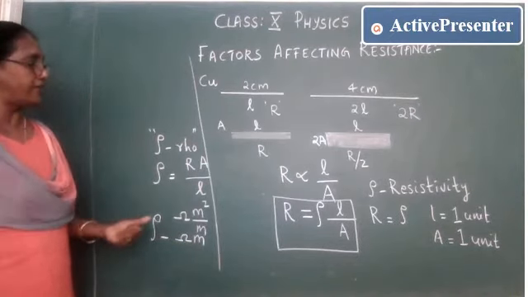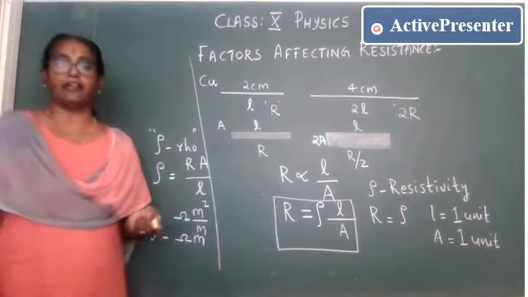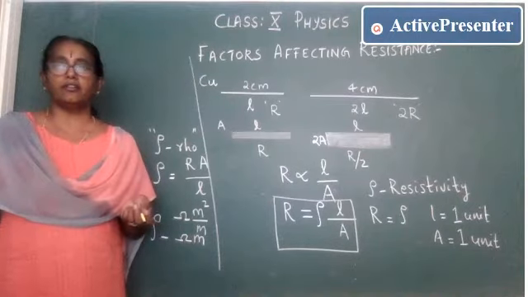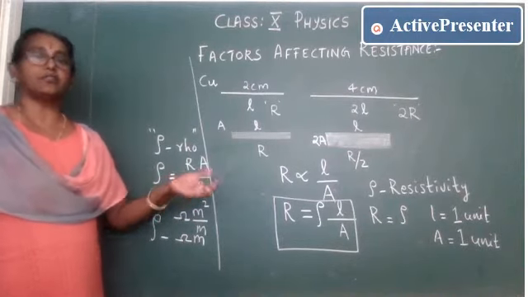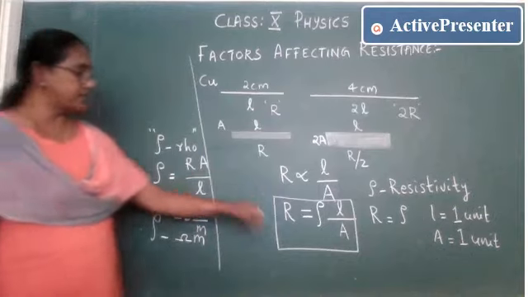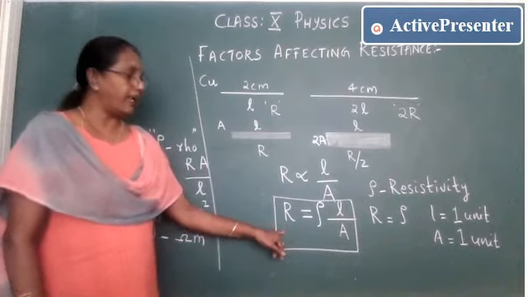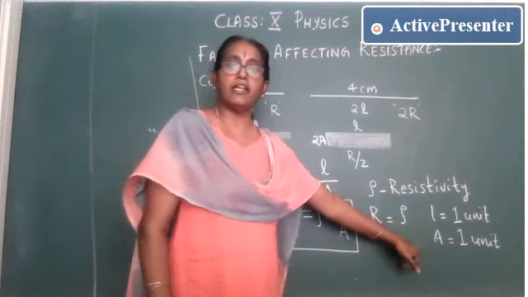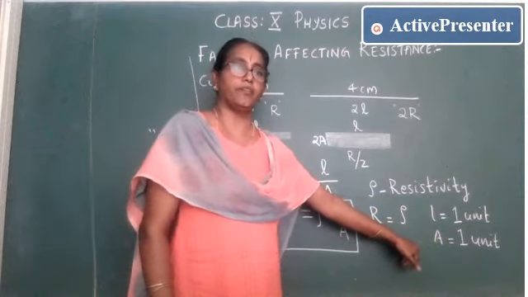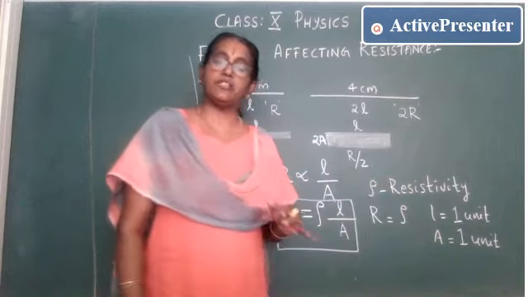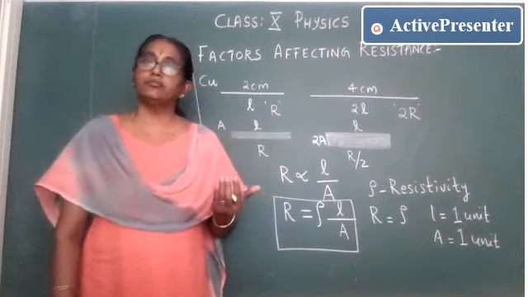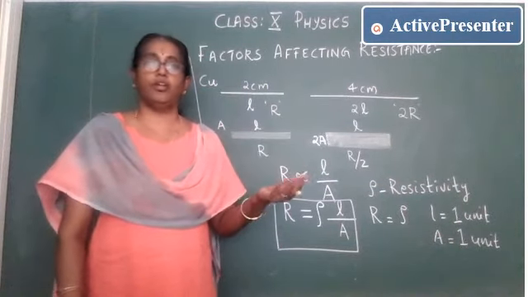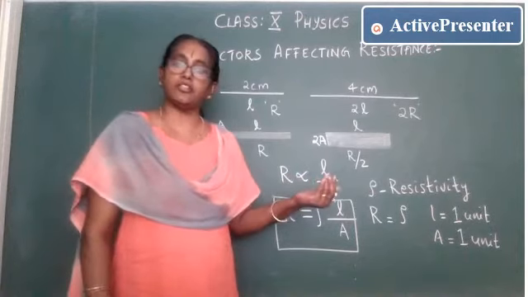So finally, what is the definition of resistivity of a material? Resistivity is the resistance offered by any material of unit length and unit area of cross section. Will resistivity vary with length? Your answer must be no. Will it change with area of cross section?